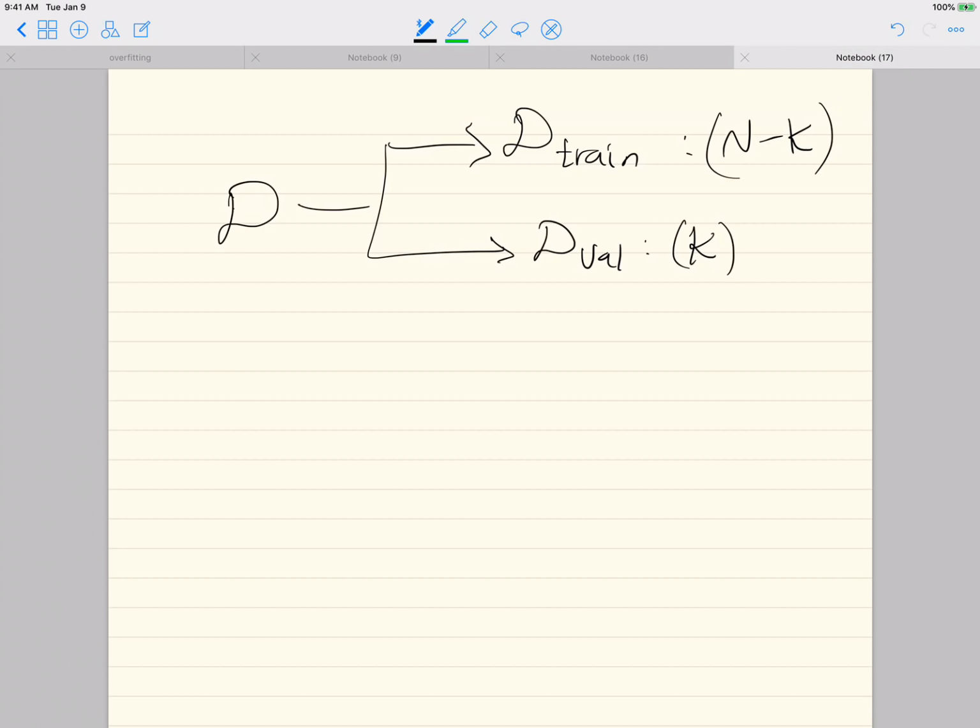Then what we do is we have M hypothesis classes, H1, H2, H3 up to Hm. We take the training set and we train each of the hypothesis classes on the training set.